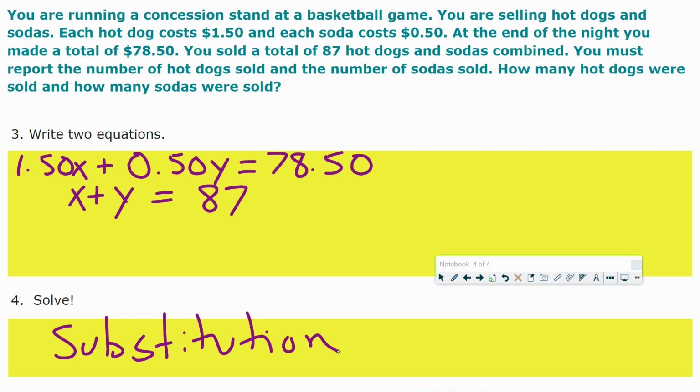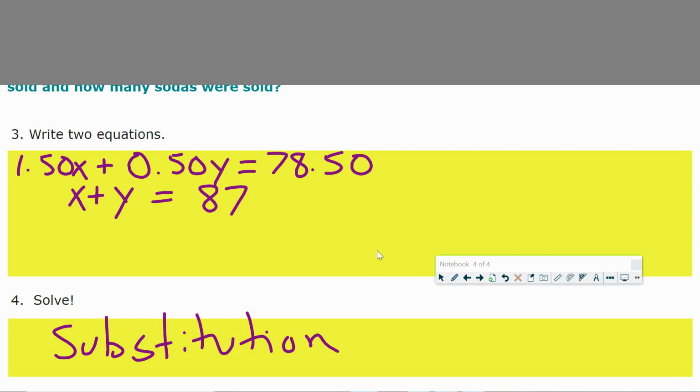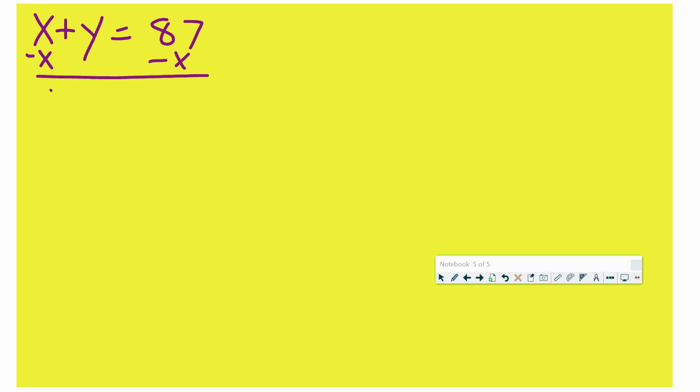So I'm going to take that second equation, the x plus y equals 87, and I'm going to rewrite it so it equals y, because that makes the most sense. So I'm going to take x plus y equals 87, and then rewrite it by subtracting x from both sides as y equals negative x plus 87. Then I'm going to take that and substitute it for y in my other equation.